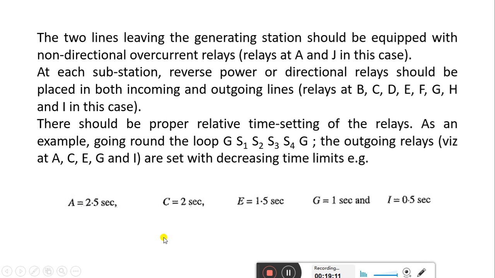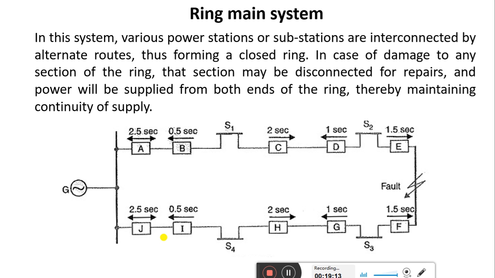Now let us go back to the diagram. What he is telling is that in the ring main system, if there is a fault at this point here, then as I have already discussed, this faulty point will be supplied power from two routes, from the generating station through S1 and S2 and from the generating station through S4 and S3.